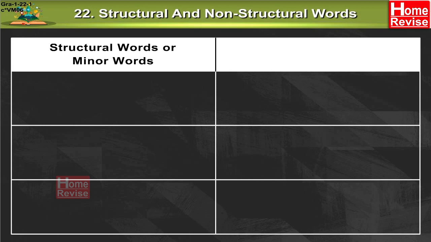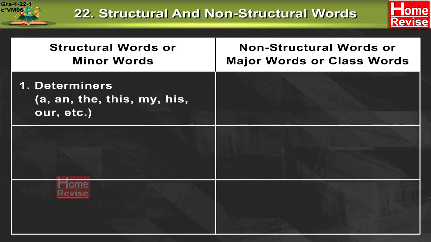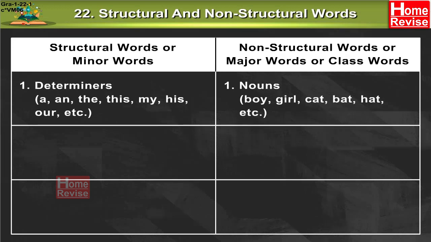Structural words or minor words. Non-structural words or major words or class words. 1. Determiners: a, an, the, this, my, his, our, etc. 1. Nouns: boy, girl, cat, bat, hat, etc. 2.